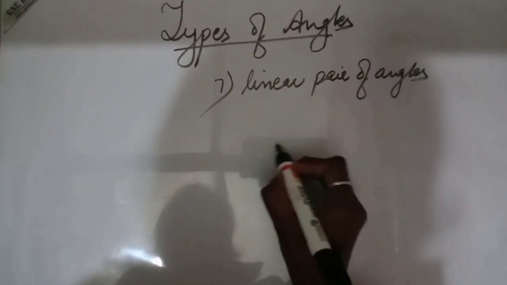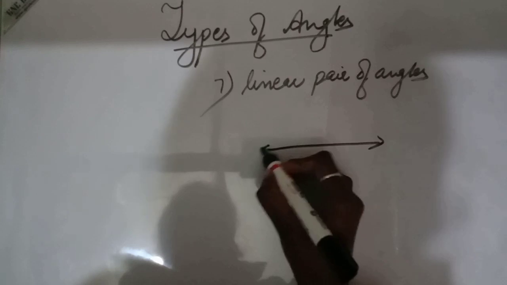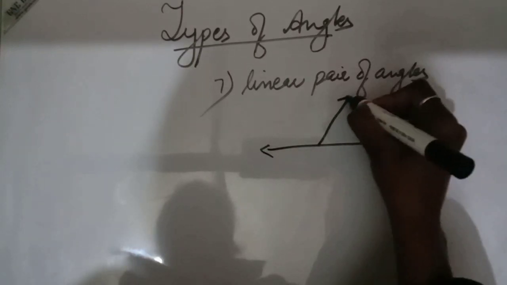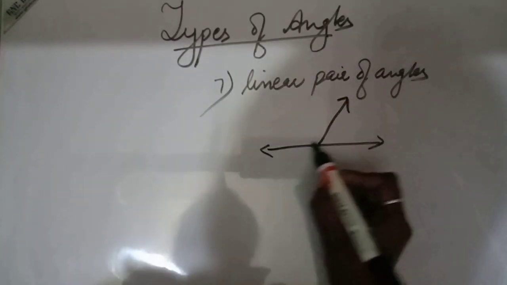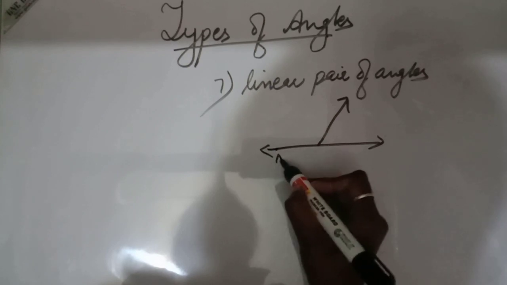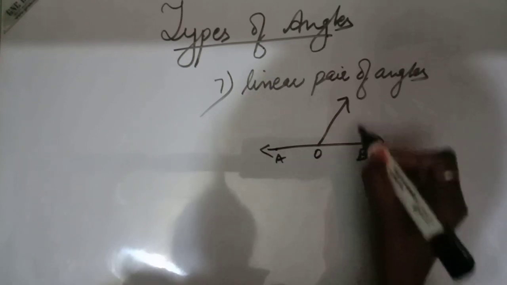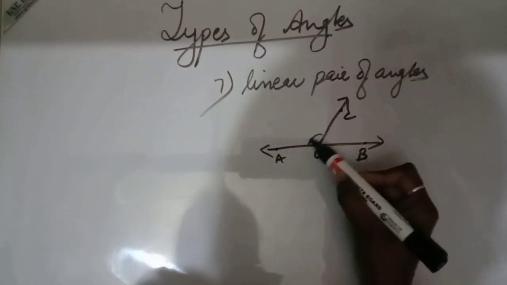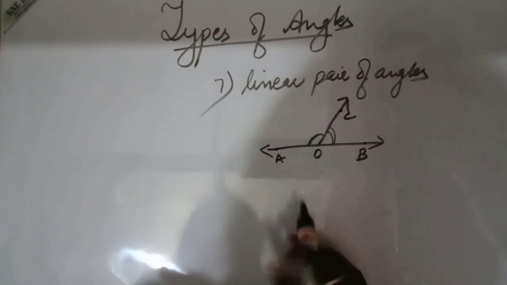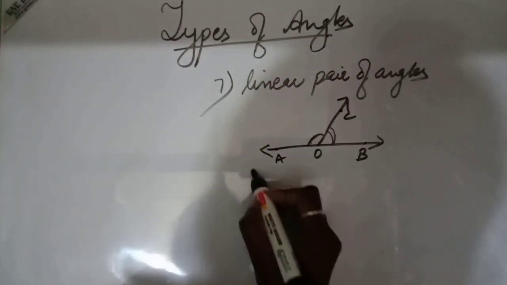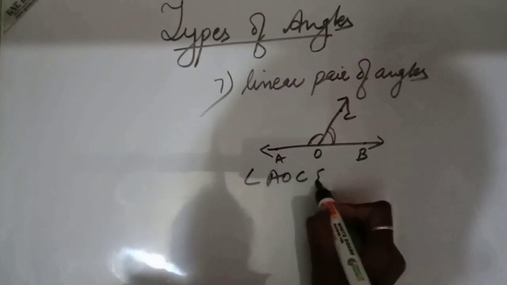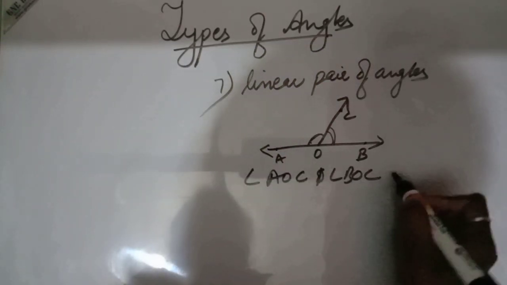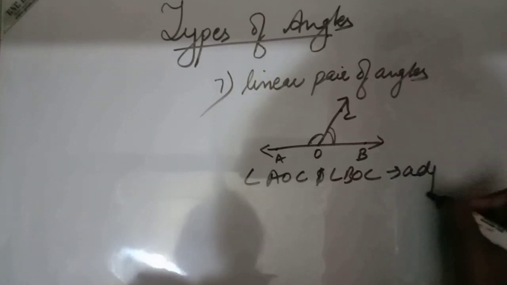For example, if we consider A, O, B and this C. Here, this angle and this angle, both are adjacent angles. Angle AOC and angle BOC are adjacent angles.